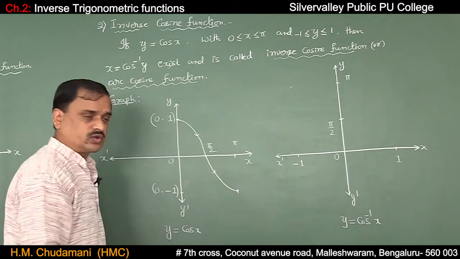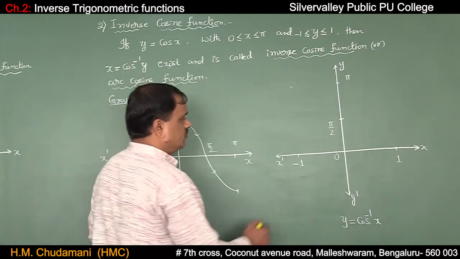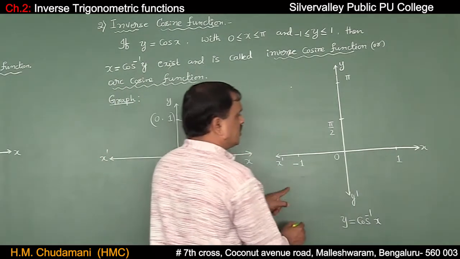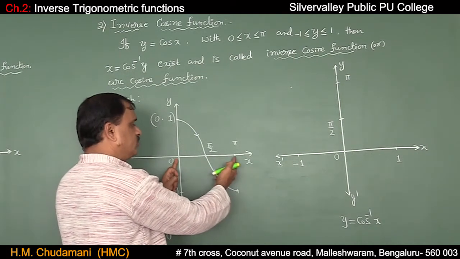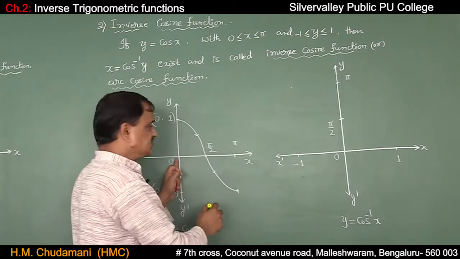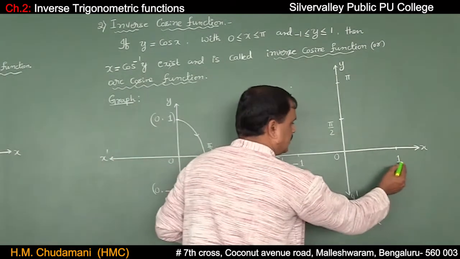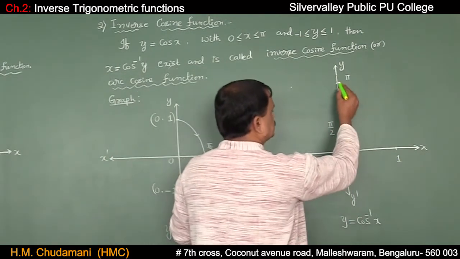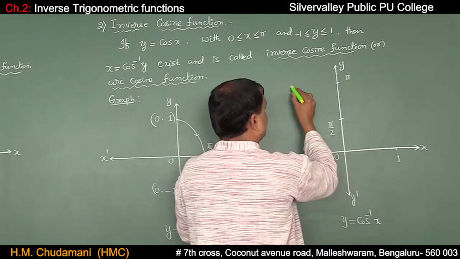Y is equal to cos x, the graph of the cosine function. Now, y is equal to cos inverse x. As I said, 0, pi by 2, pi should go to the y axis. So 0 comma 1, 0 comma minus 1 here on the x axis. So this is pi by 2, 0, pi by 2, pi.